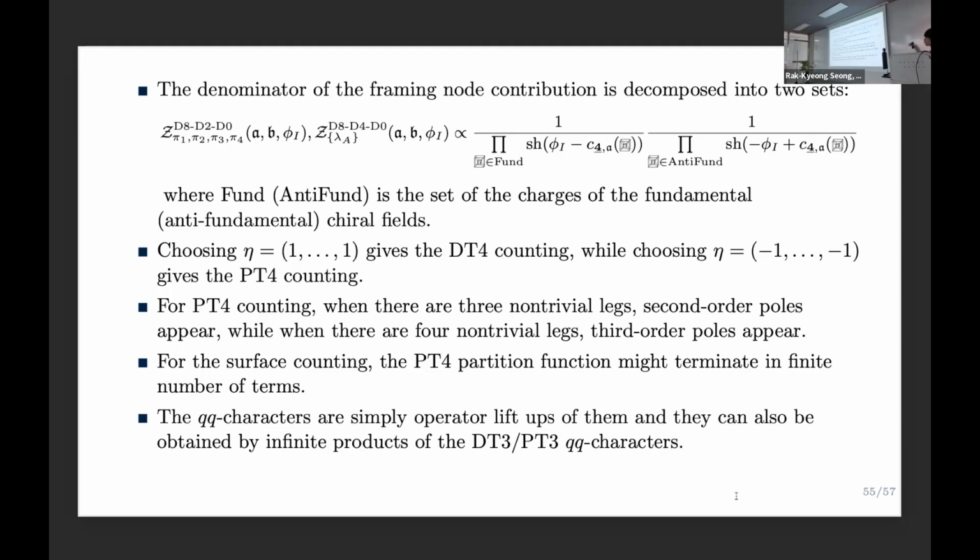So if you study the operator lift of the QQ characters and do everything, when you evaluate the residues, you get second order derivatives. So it's quite complicated, but you can do it. And also for the surface counting case, for some cases the PT QQ character will only terminate in a finite number of terms. But basically, you can do everything in a similar way. But unfortunately, for this case, we don't have any algebraic relations, but at least we can derive everything.